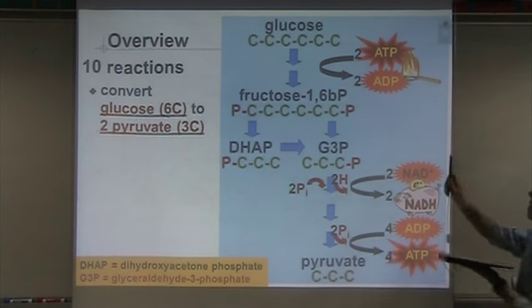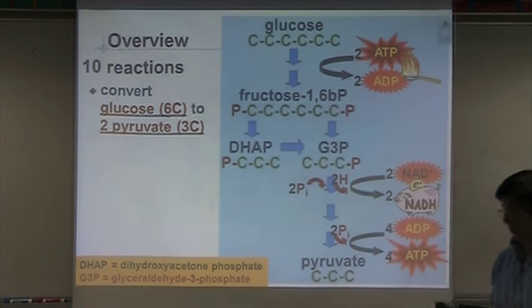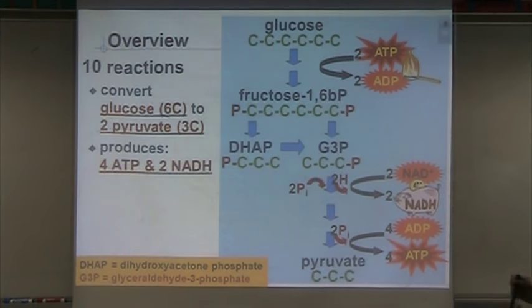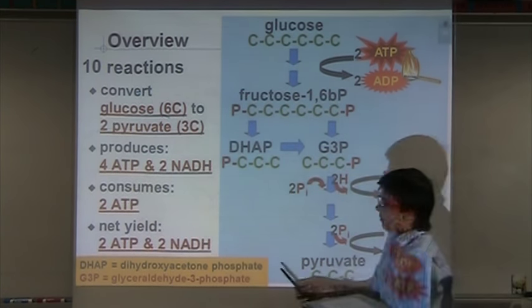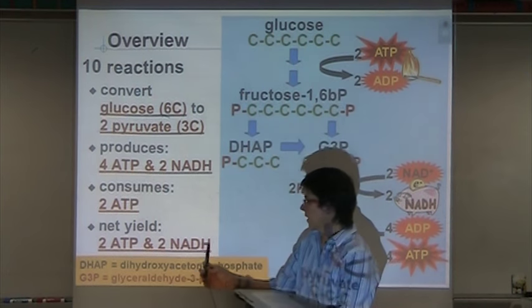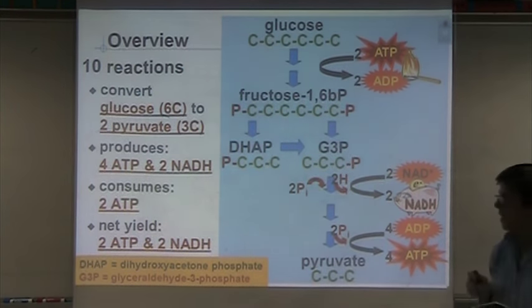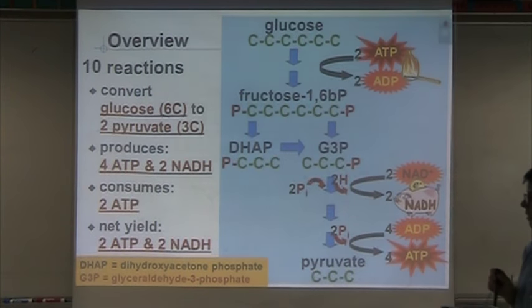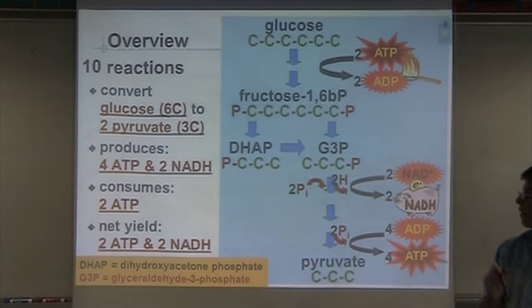So considering that you consume 2 and produce 4, the net gain from glycolysis is only 2 ATPs. That is not much, but the important thing is that we are going to get 2 electron carriers, 2 NADHs. And the molecule that results is 2 molecules of pyruvate.